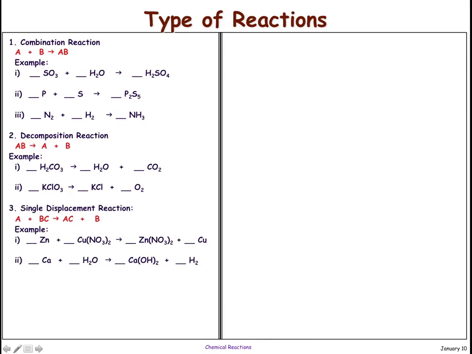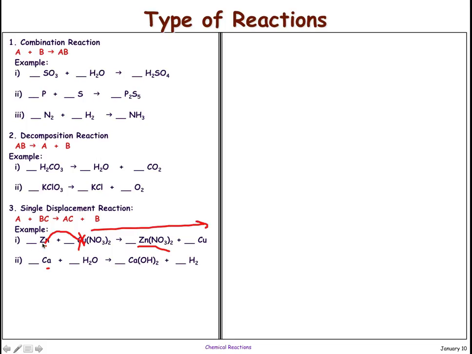So let's take a look at the next one. This is what we call a single displacement reaction. The reason why it's a single displacement reaction is because you got 1 element here, here and here, and you notice that the zinc replaces the copper, and you get zinc nitrate, and the copper gets bumped out.